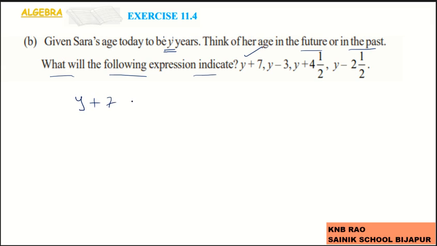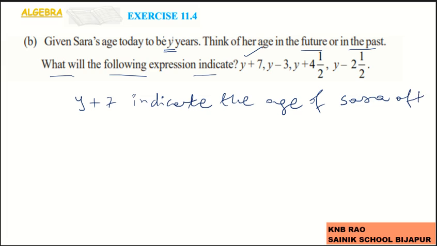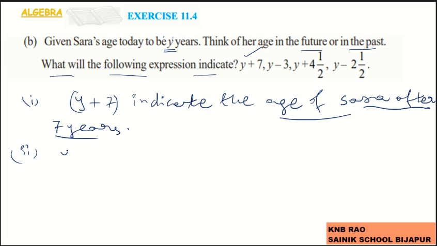So y plus 7 indicates the age of Sarah after 7 years. So I say that it indicates after 7 years what will be the age of Sarah, that this y plus 7 indicates.